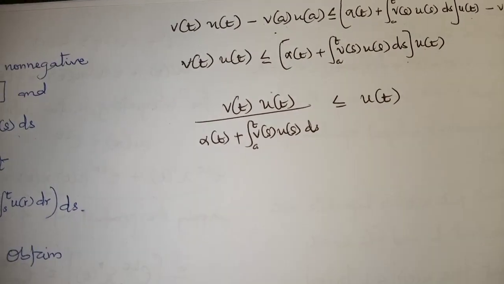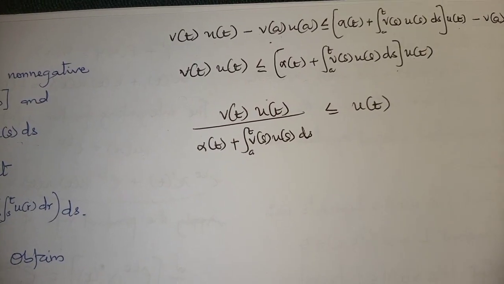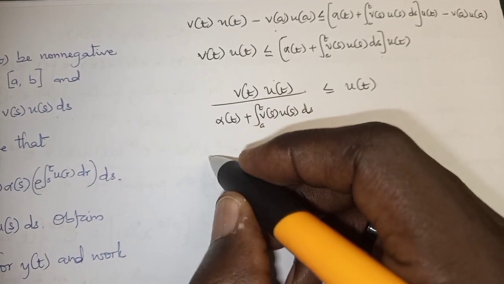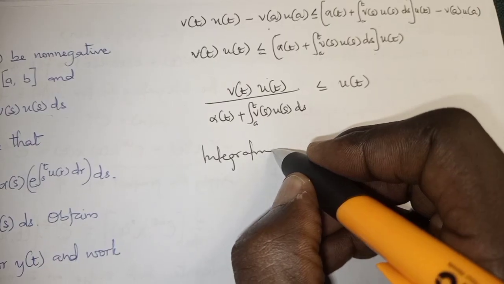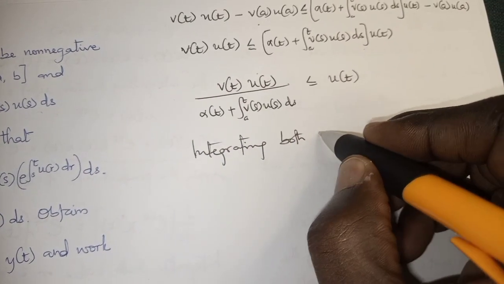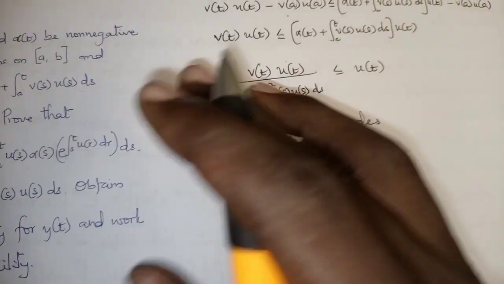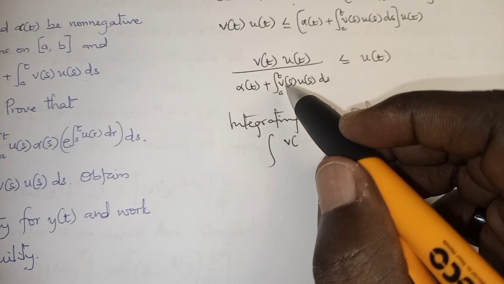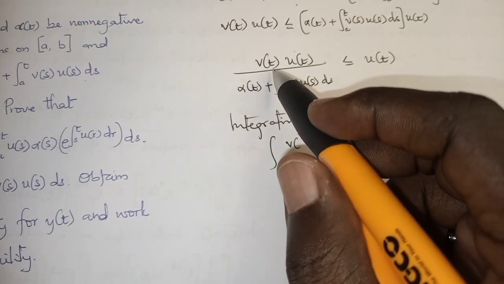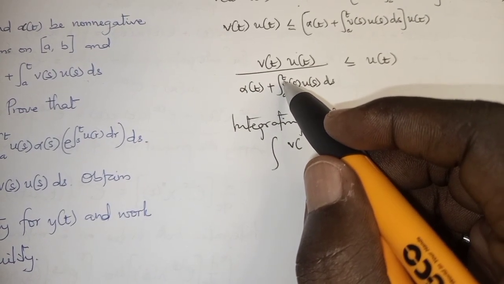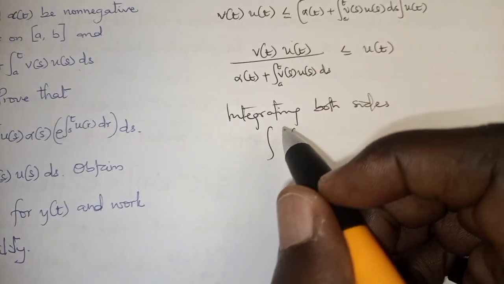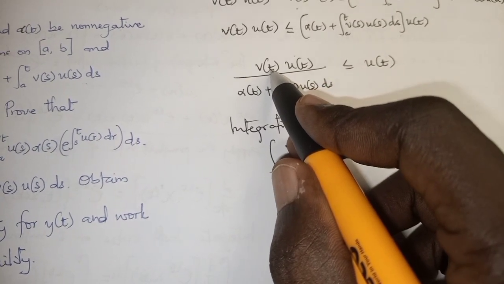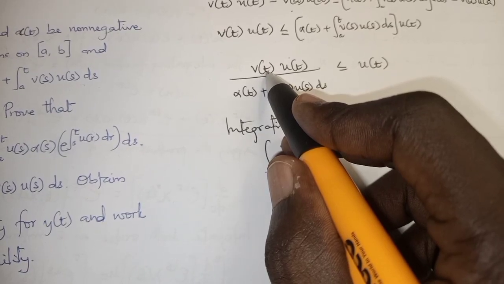So we integrate both sides. Integrating both sides, this will be the integral of v of, now since we are integrating, and there's already a t here, and we'll be using another t as the integral variable, we change this independent variable, the t, to another variable.